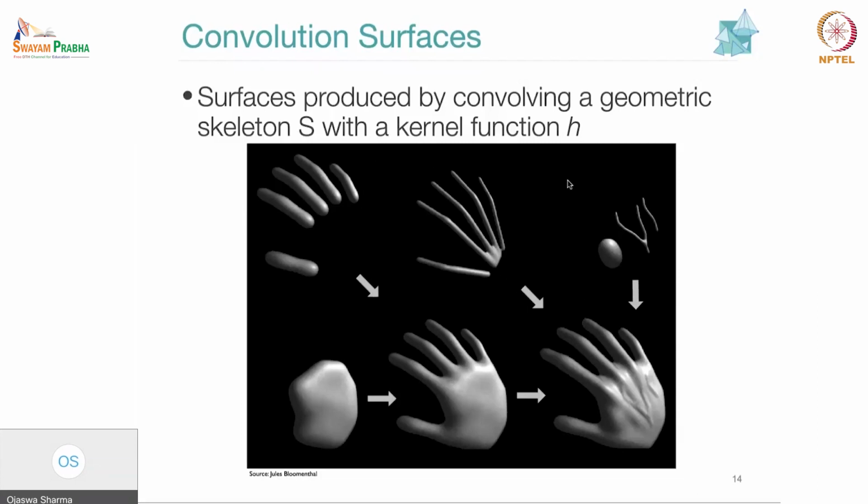Usually kernel functions allow you, in this particular case, to glue all of these things together without leaving the creases, right? But the convolution is having the standard sense of convolution.